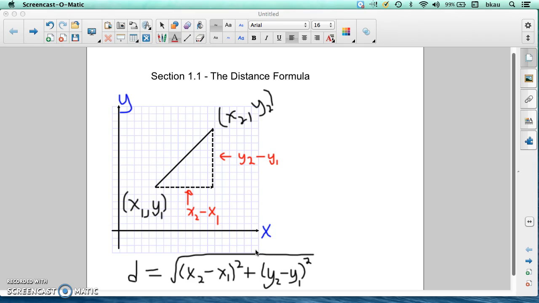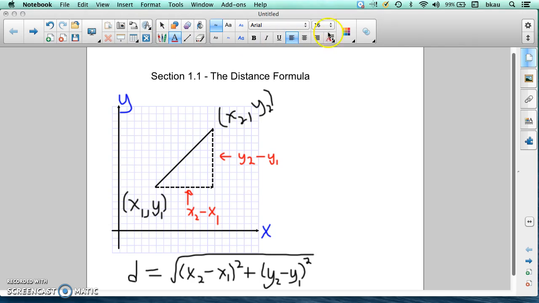Now, the distance formula is related to the Pythagorean theorem, which is a squared plus b squared equals c squared.